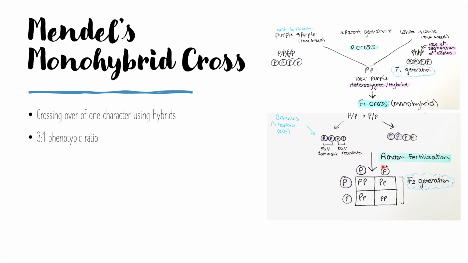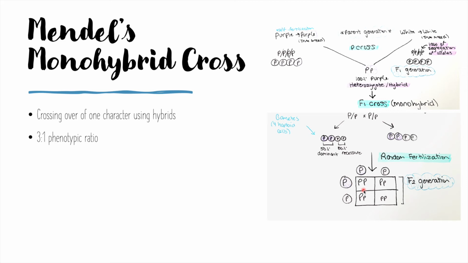Then, random fertilization takes place, which can be depicted using a Punnett square. In a Punnett square, one parent's genotype is on one side, and the other parent's genotype is on the other side, and the four boxes contain the possible genotypes for the offspring.